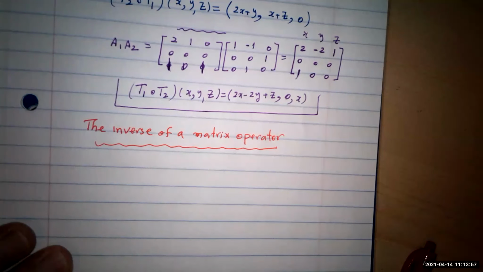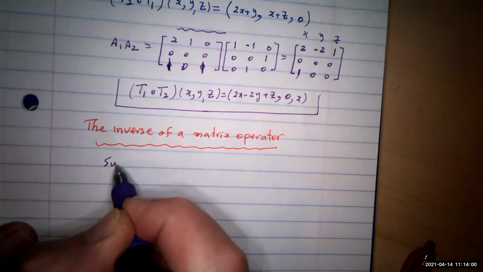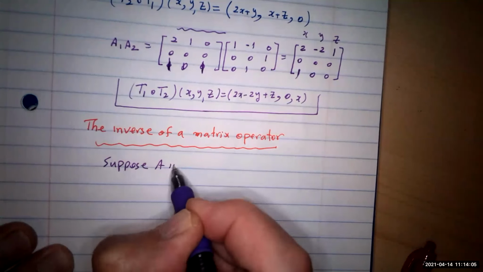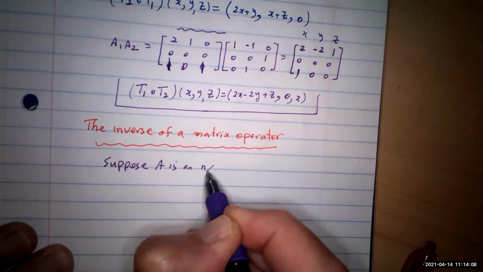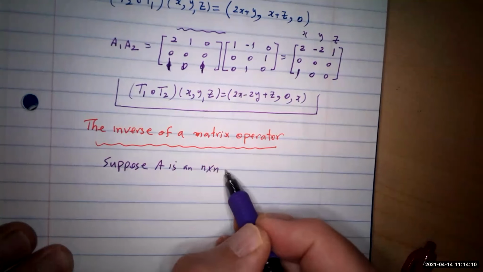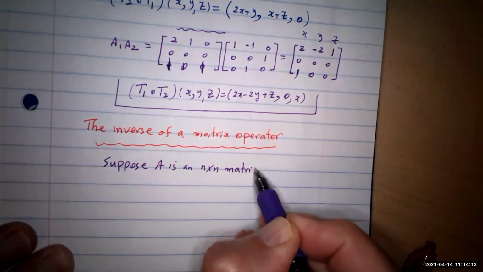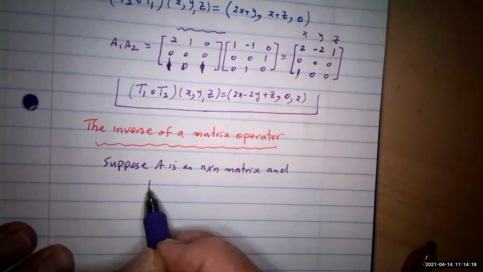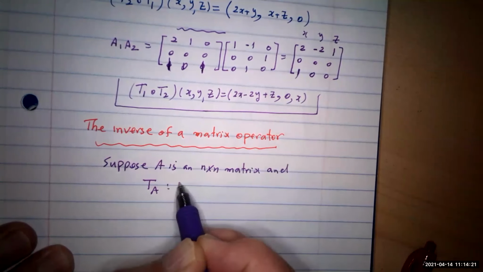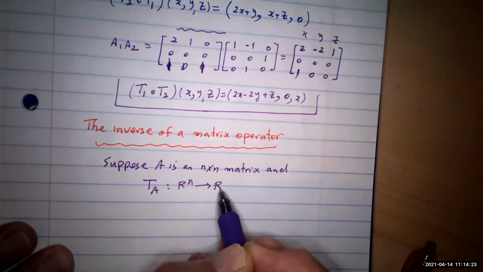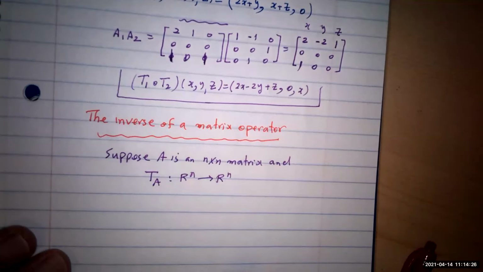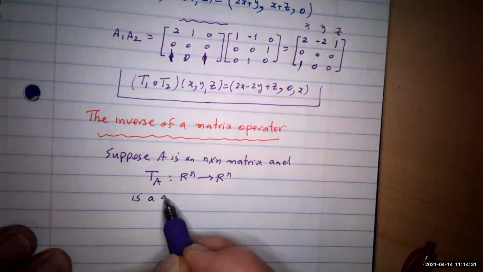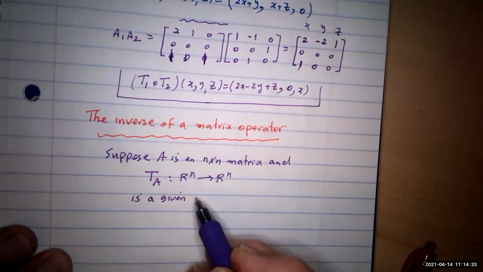So this is going to be the case. Suppose A is an n by n matrix, it must be square. Now the corresponding operator, TA from Rn to Rn, is a given operator.